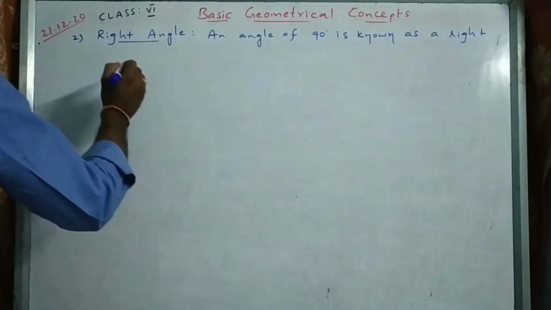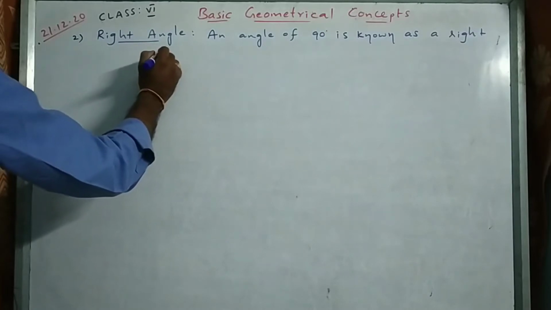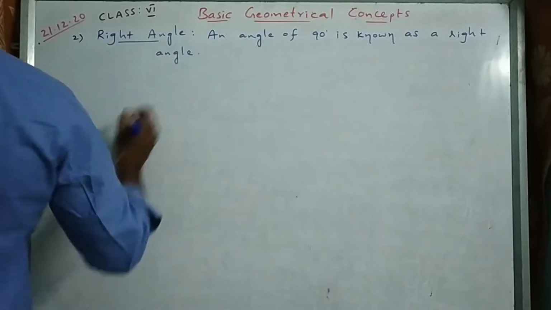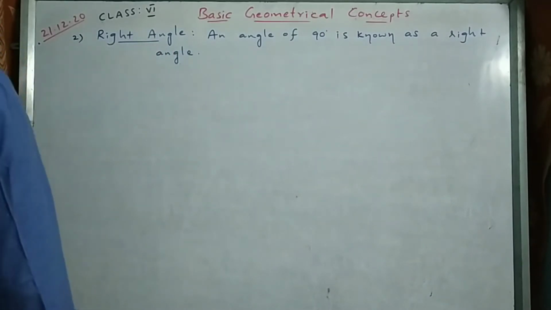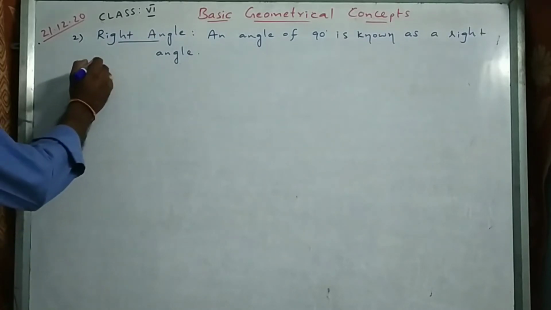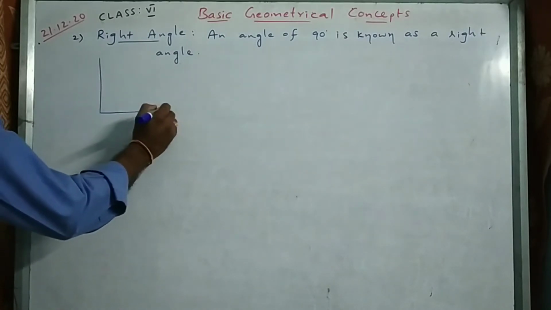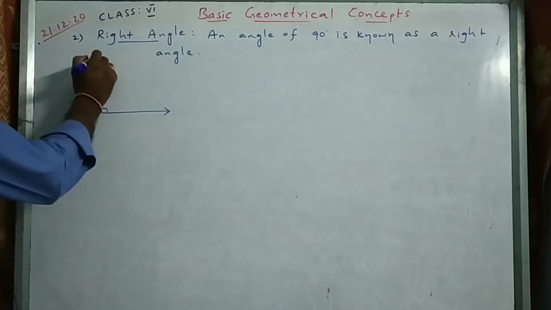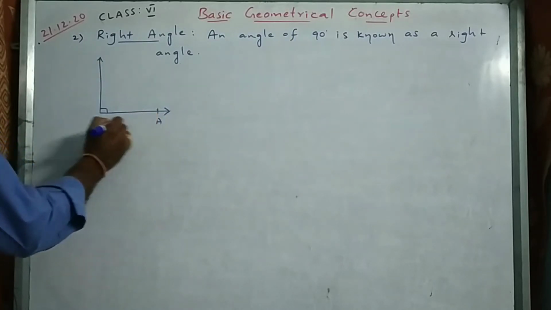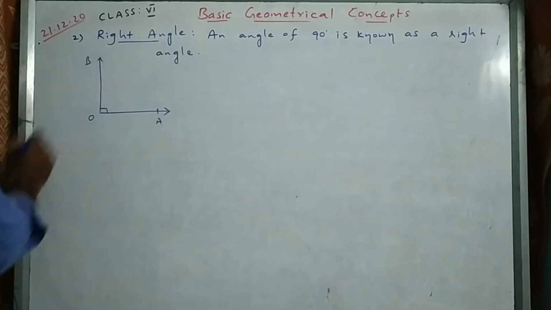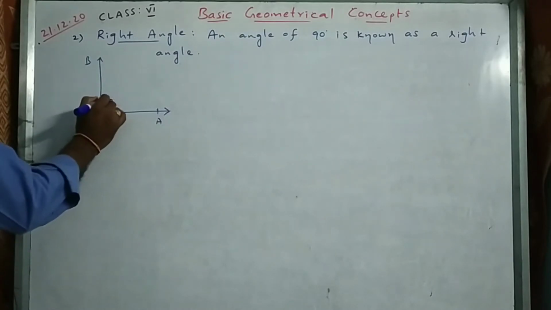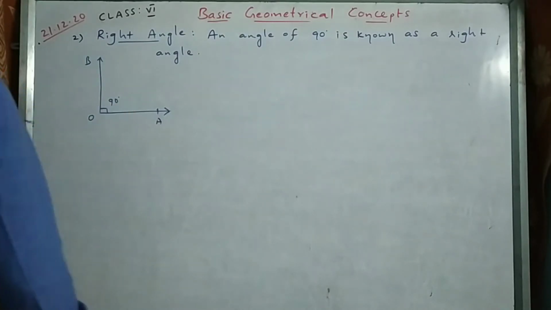An angle of 90 degrees is known as a right angle. Okay, that means exactly 90 degrees should be there. So like this. Exactly 90 degrees. Like this, AOB. This should be exactly 90 degrees.